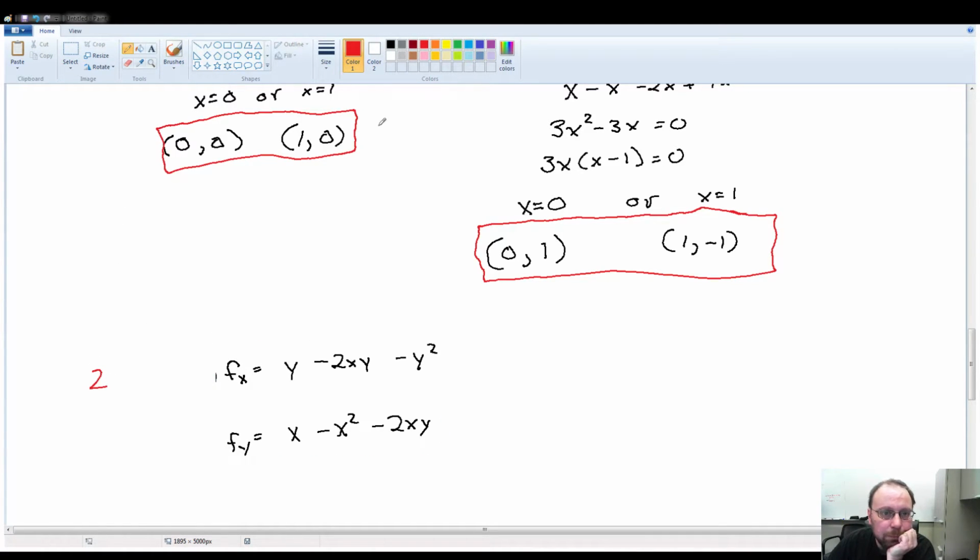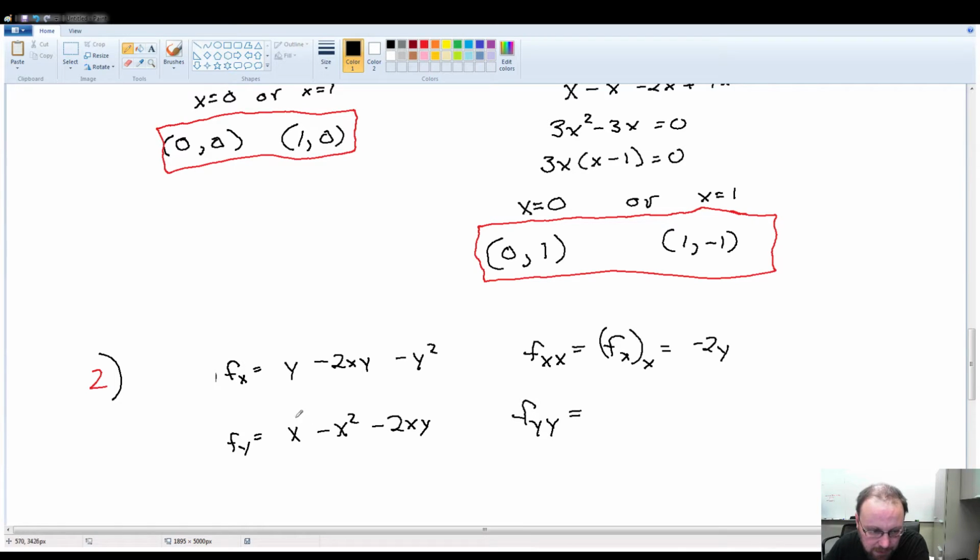So step 2, I suppose. Okay, we'll go ahead and need to find fxx. So of course that means the partial of fx with respect to x. So we'll differentiate this with respect to x, and that yields negative 2y. And then fyy.